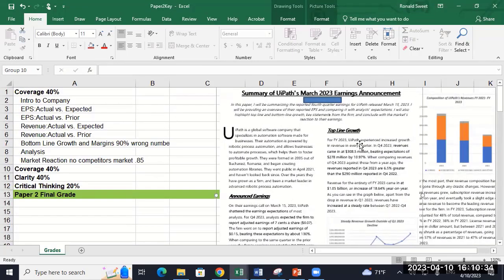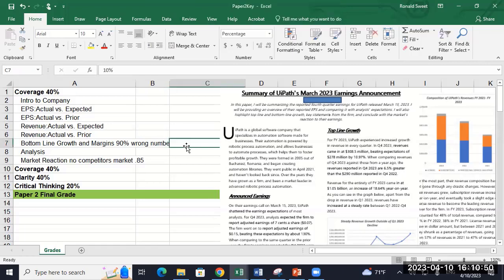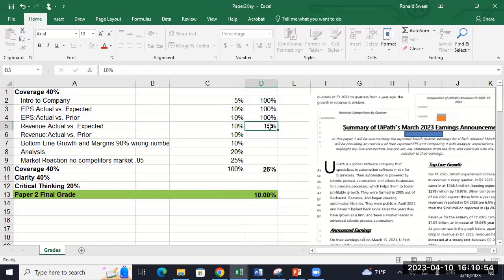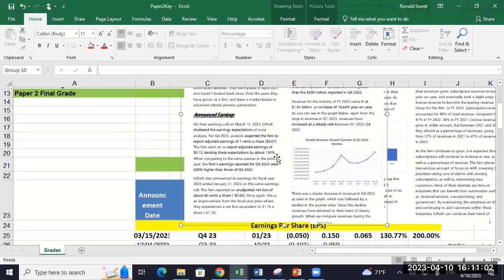Top line, UPath experienced increased growth in revenue in every quarter. In 2022, fourth quarter revenues came in at 309, beating expectations of 278 by 11%. When compared to revenues last year, the revenues reported are 6.5% higher than 290. So he's got all of those in there. So far he's doing very well.